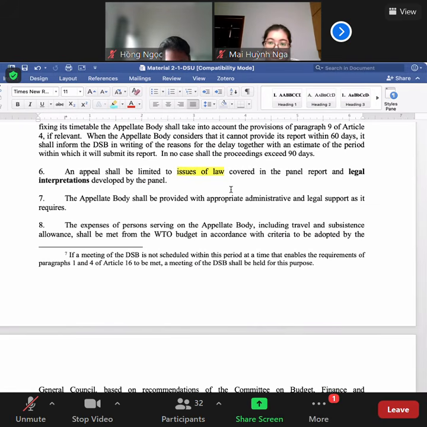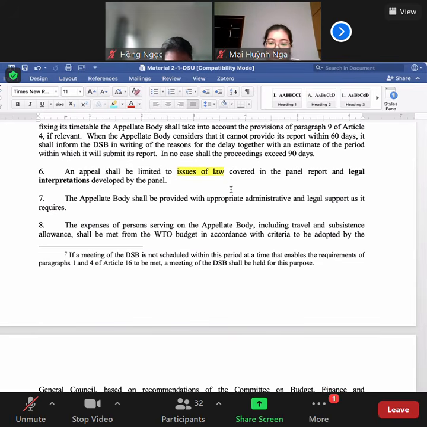But later, when I find more evidence, for example more facts that support my case, and I wish to submit these documents to the appellate body, in such cases the appellate body will not consider or examine those new facts adduced by the disputing party. Their work is focused on fixing any error made by the panel only.